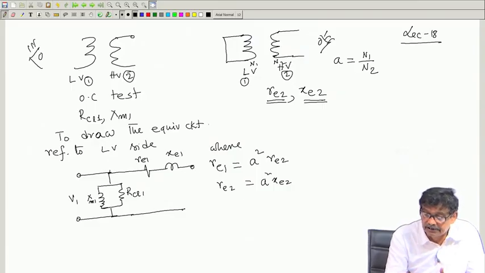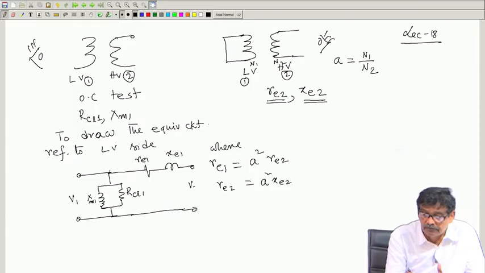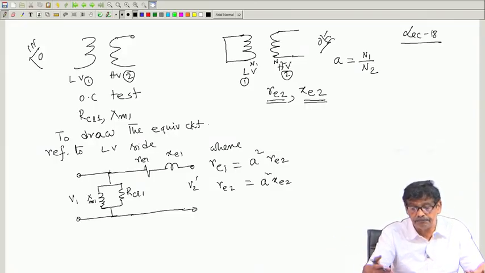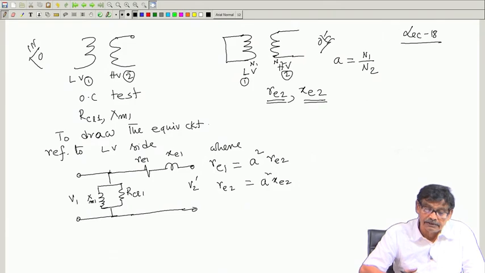This is the equivalent circuit. What should I write? Should I write V2 here? No, I should write V2 dashed, and so on. Then wherever this circuit is now connected, I can replace that transformer by this equivalent circuit and calculate all the things needed.